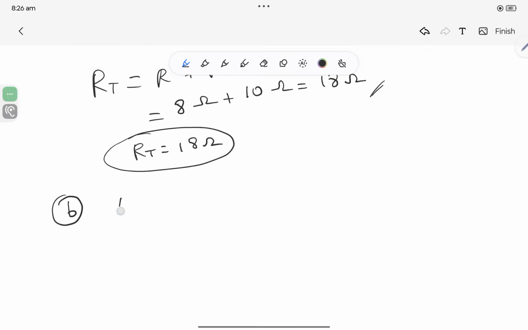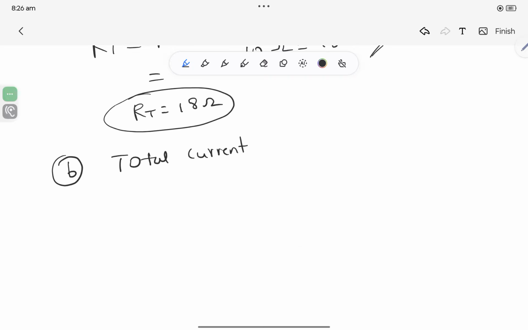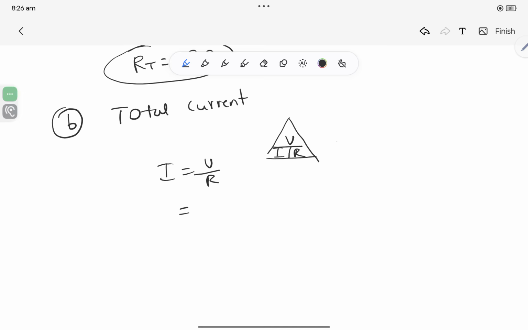To find the total current, according to Ohm's law, V always over R. I is equal to V by R. So V is how much? 12, already given, divided by 18. 6 twos are 12, 6 threes are 18. So 2 by 3, which is 0.67 ampere.